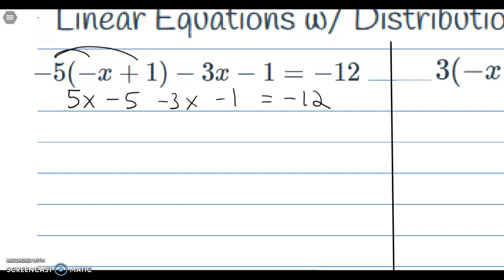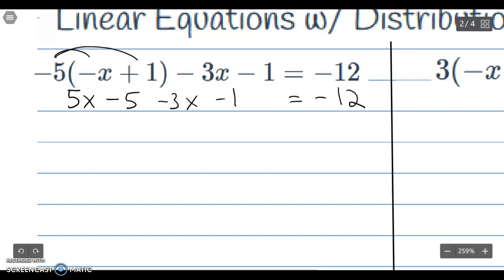Now I'm going to do like I did before with collecting like terms. Oh, something else I want to show you. Let me line this up a little better. Because the problem is so big, I'm going to draw a line here. It's going to become very important in a future video.